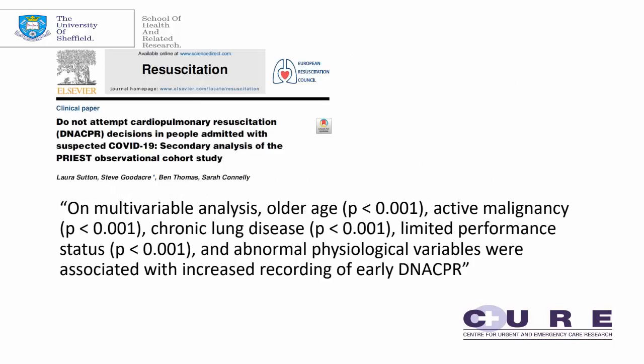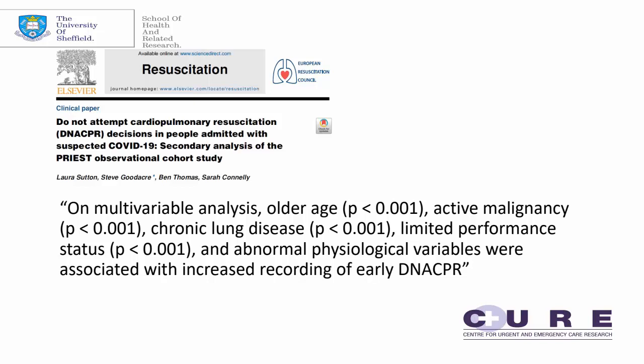However, we also did another bit of research using the same data set in which we looked at which people were most likely to get a do not attempt resuscitation order when they arrived at the hospital. So these are people who were reviewed by the medical teams, who discussed with the patient their possibilities of survival if they had a cardiac arrest, and were deemed very unlikely to survive a cardiac arrest, so we wouldn't attempt resuscitation.